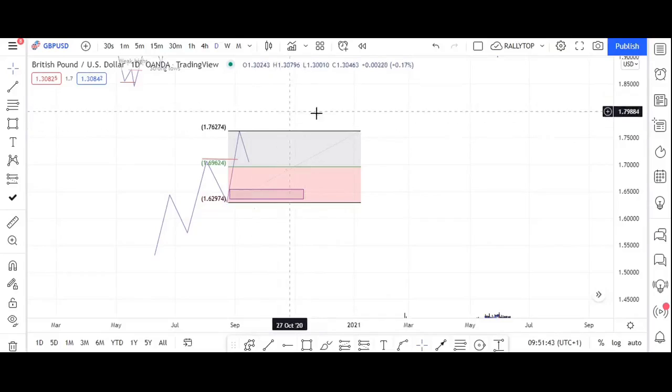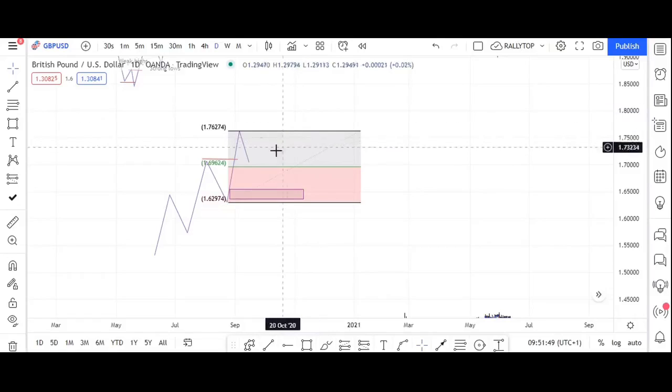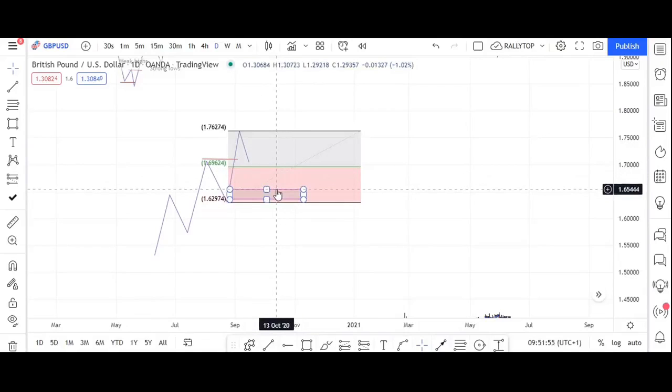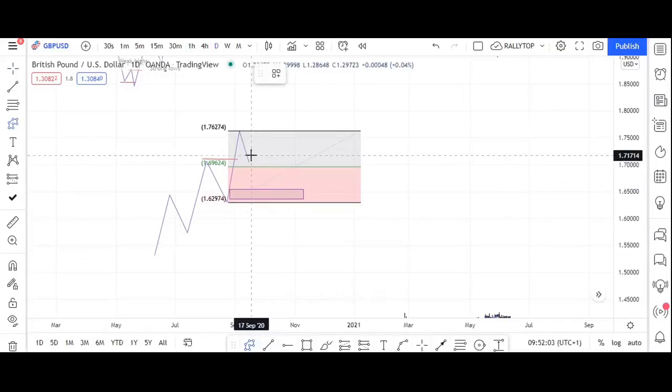As soon as price enters into your discount zone or touches your higher time frame point of interest, let's assume that it touches this higher time frame point of interest.